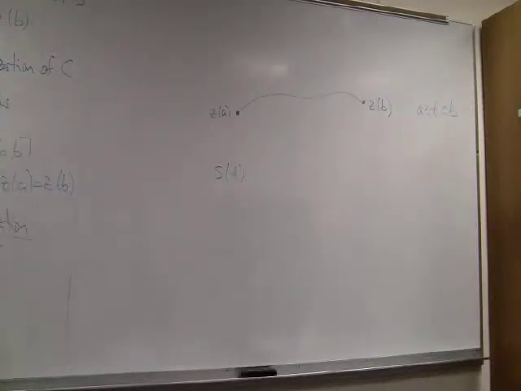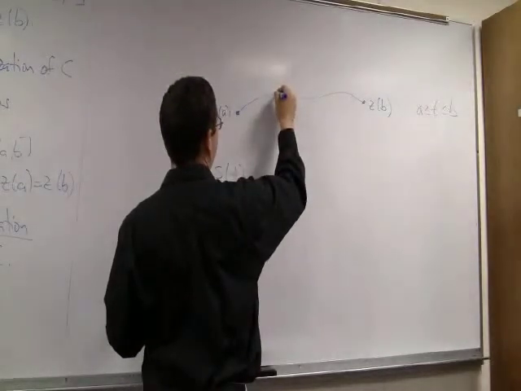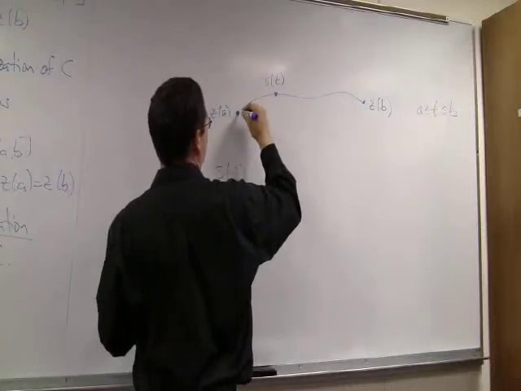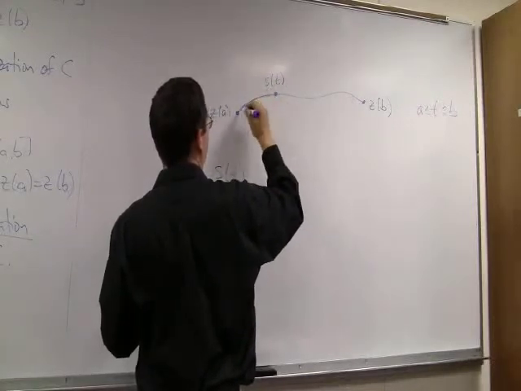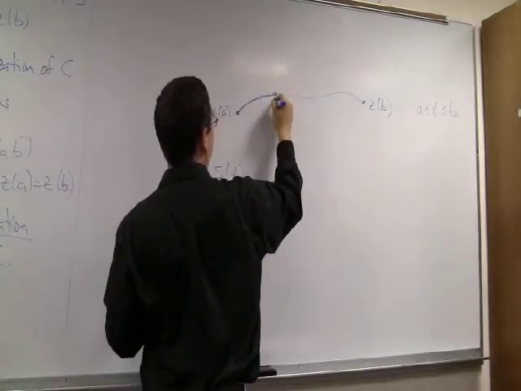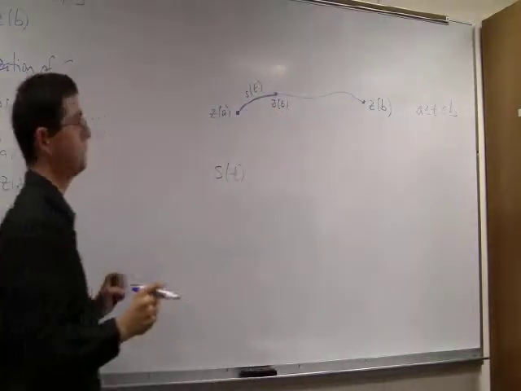We don't know what it is, but whatever it is, it's S of t. So at time t, you will be at z of t, and S of t, I should say, is this distance. It's not this point. So here's z of t. This arc length is S of t.